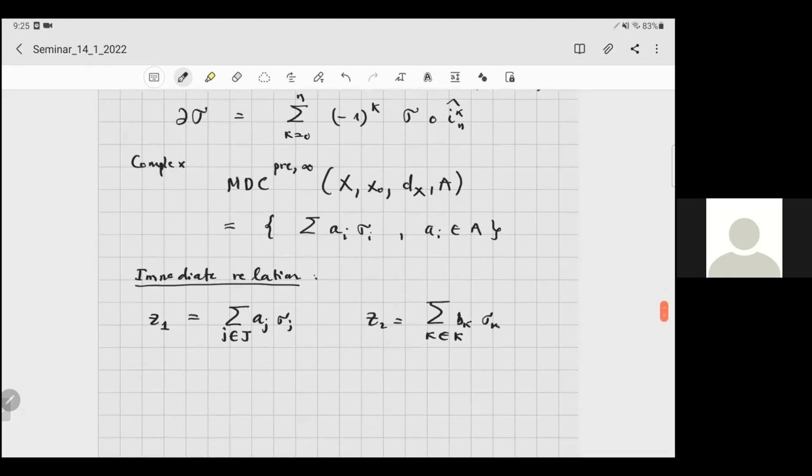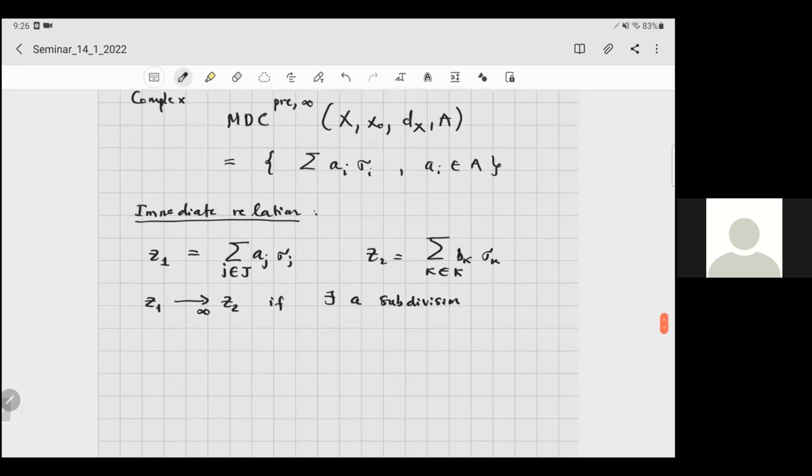So I write z1 is immediate to z2 if there exists a subdivision. So for each i, I have the subdivision sigma_ij from delta n to delta n.